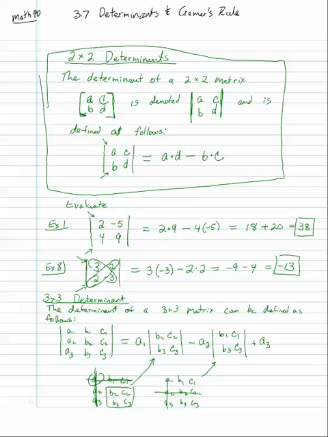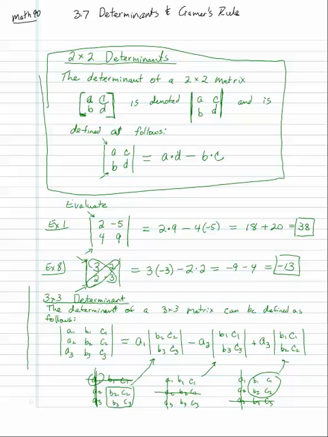If you cross out the row and column for A3, whatever is left over, we call that the minor. And we put it to the determinant of that minor. So I'm going to cross out A3, row, column, and then what's left over goes up here. So it's B1, C1, B2, C2.